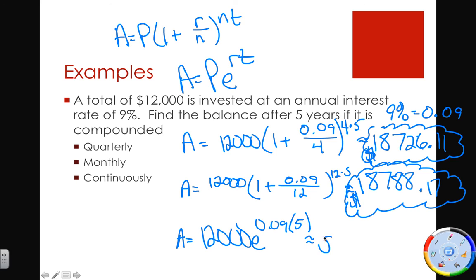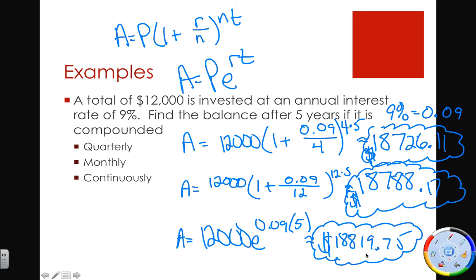Let's see what we get. Here I get $18,819.75.